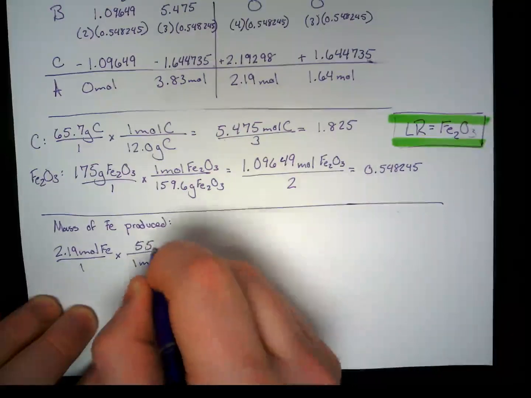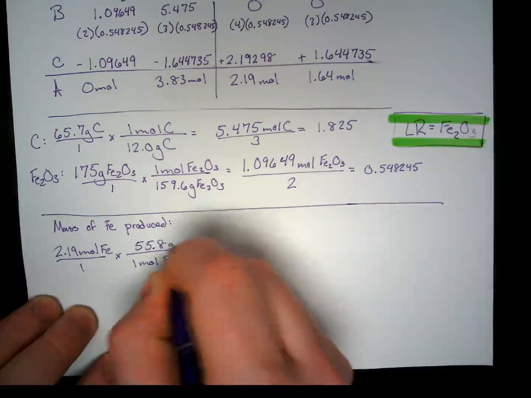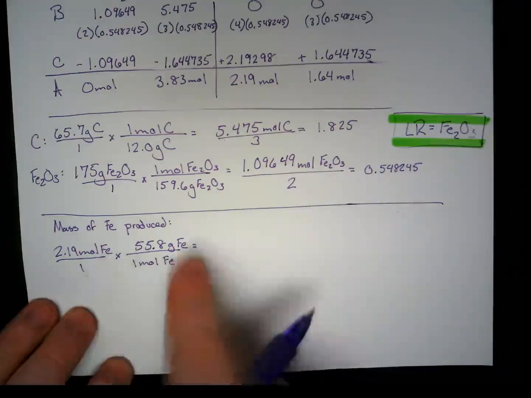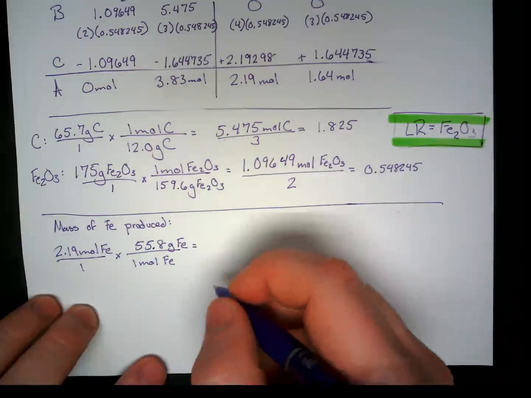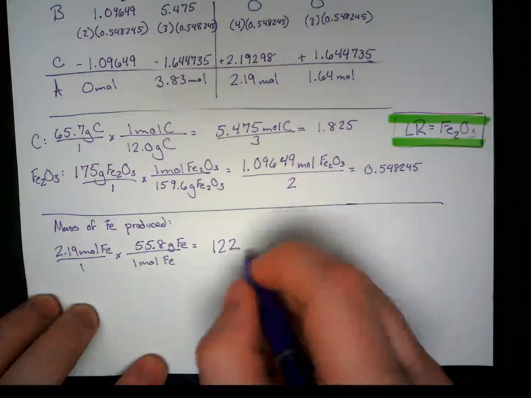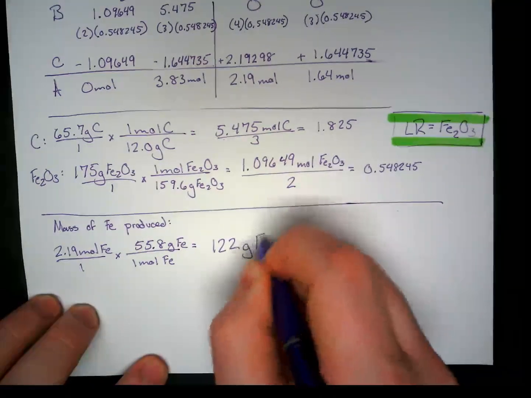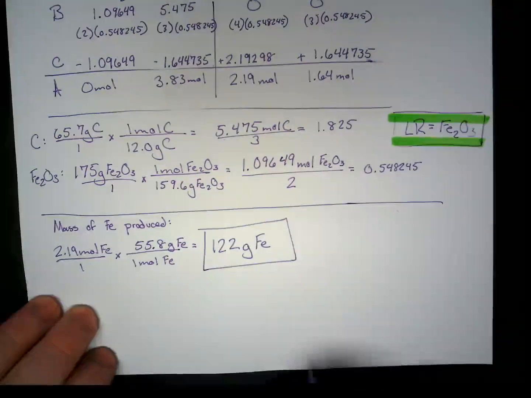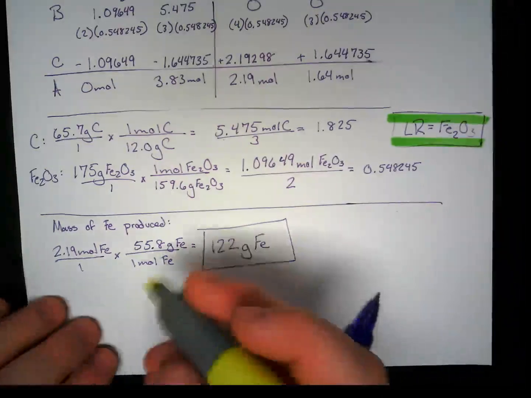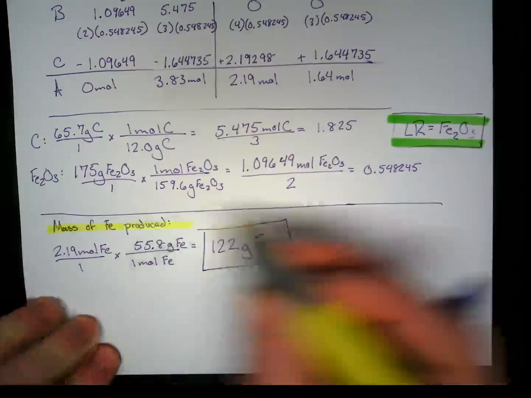In every 1 mole of iron, there's 55.8 grams. Pop this in the calculator, and what we should get as our answer, keeping sig figs, is 122 grams of iron. So we expect that throughout this whole process, we should end up with 122 grams of iron.